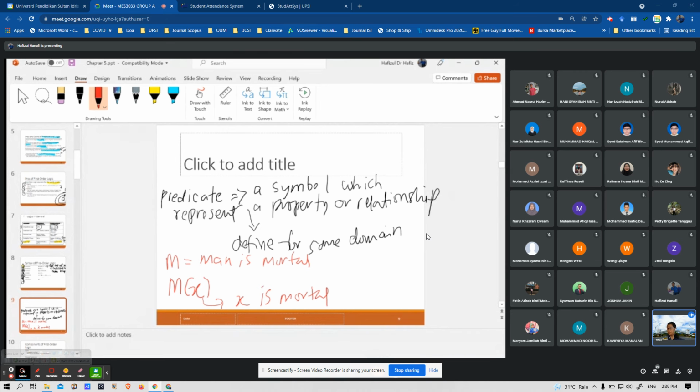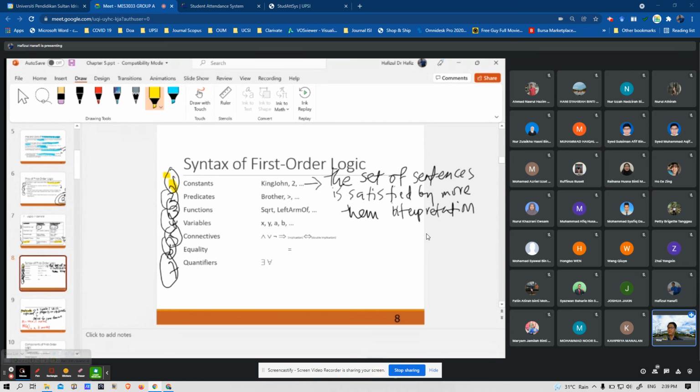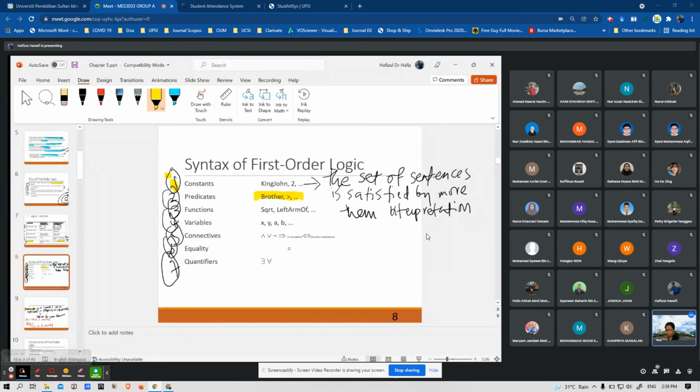This one is for predicate. For example, here we have brothers, greater than, less than, and so on. First I explained the constant. Secondly, I explained the predicate, and thirdly, we go for the functions. This one is for the first order logic.